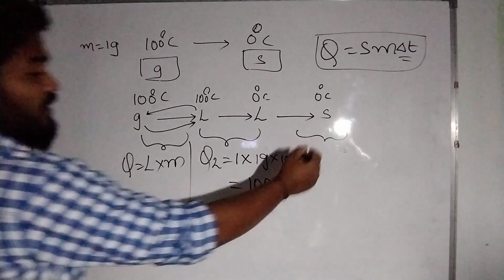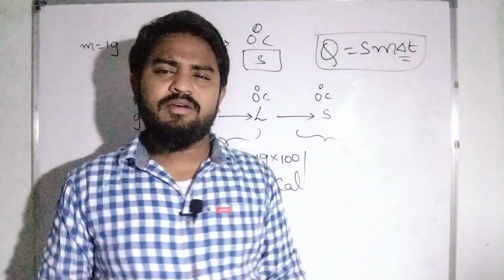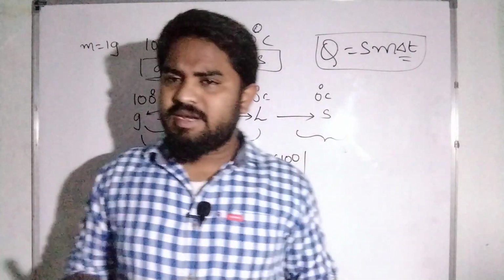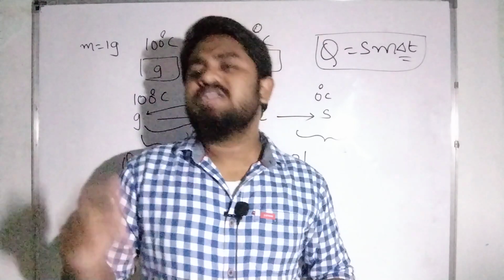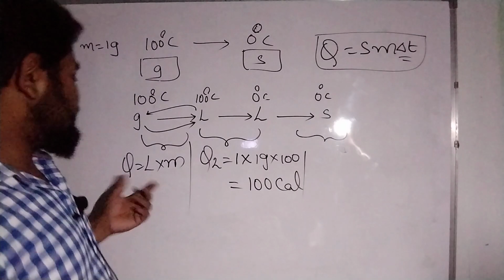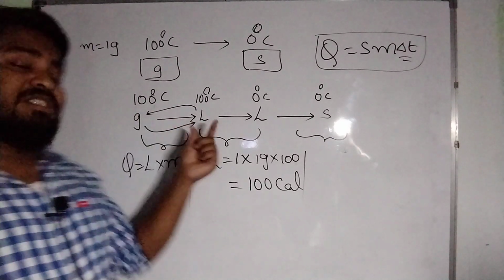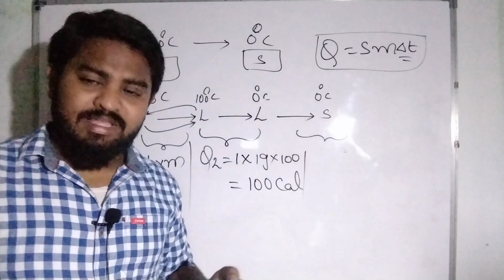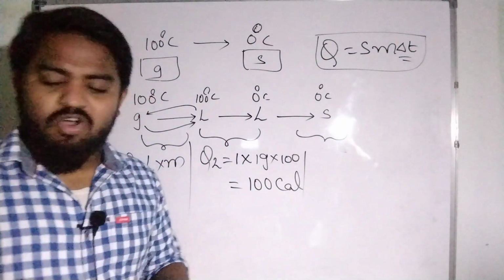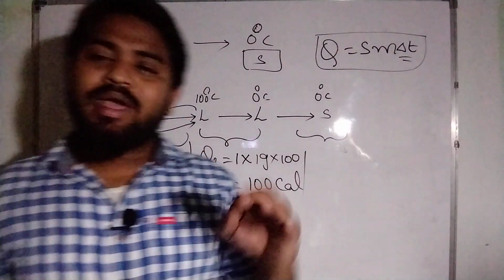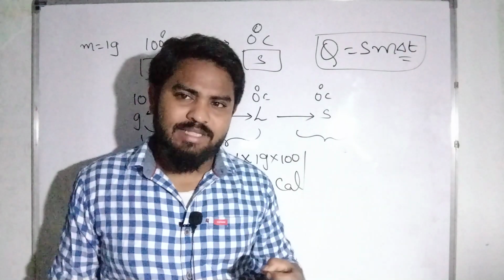So what is this formula? Latent heat of vaporization or latent heat of fusion. What the scientist Latent has done is experimentally found that when the substance is changing its state at constant temperature, how much would be the required heat energy or released heat energy.